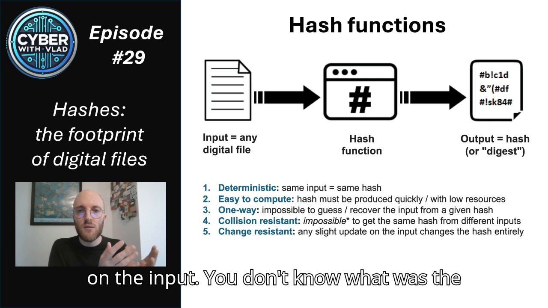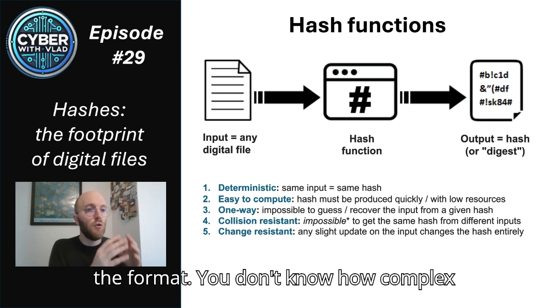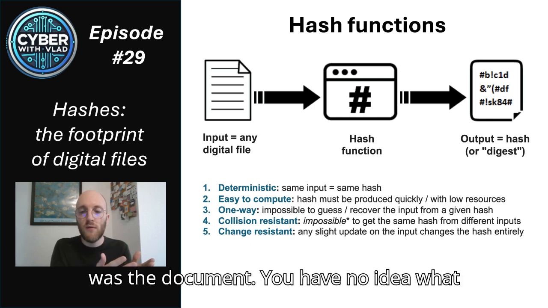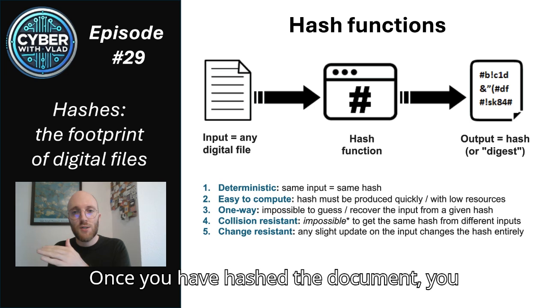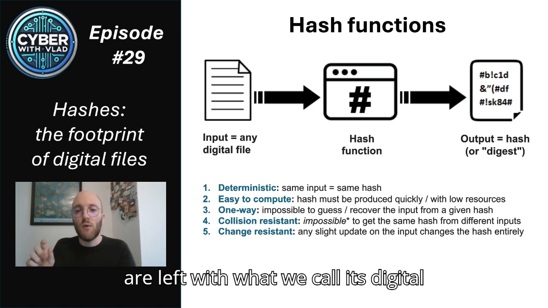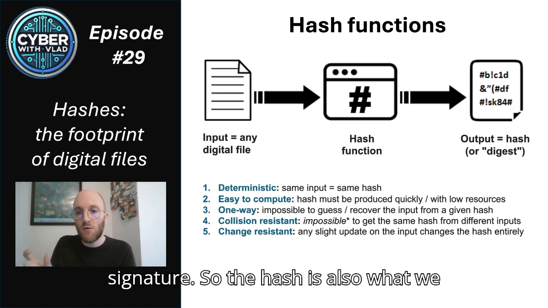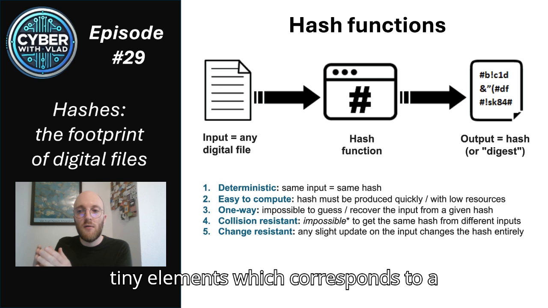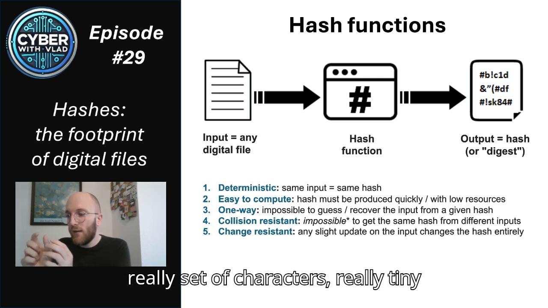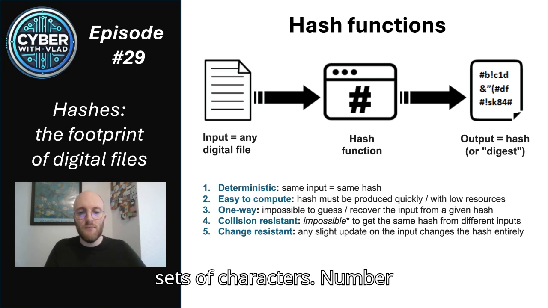You don't know what was the format, you don't know how complex was the document, you have no idea what was the input. So it's really one way. Once you have hashed the document, you are left with what we call its digital signature. So the hash is also what we call the signature. It's basically this tiny element which corresponds to really tiny sets of characters.